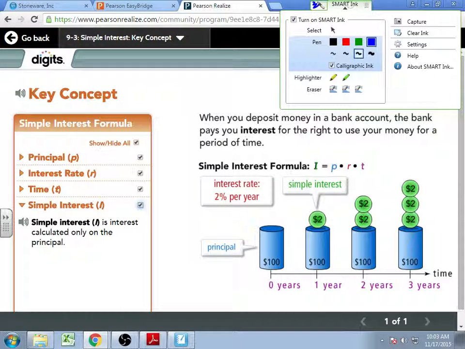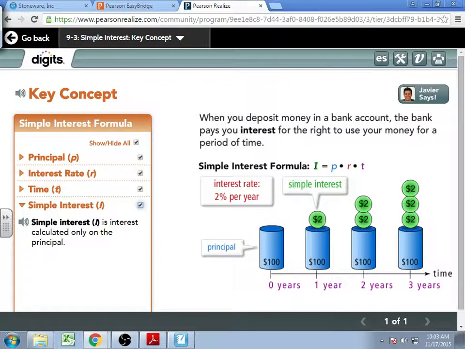So I equals PERT. If I get 2%, what's 2% of $100? Anyone? $2. So year 0. Now we're going to use year 0, which confuses a lot of people. Year 0 just means your starting point. You just began. It's been there for no time. From year 0 to year 1, I make 2%, so I make $2.